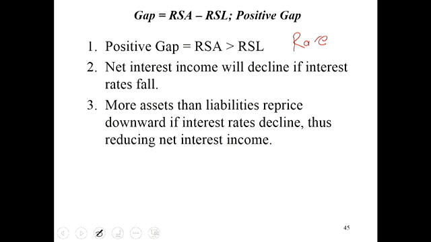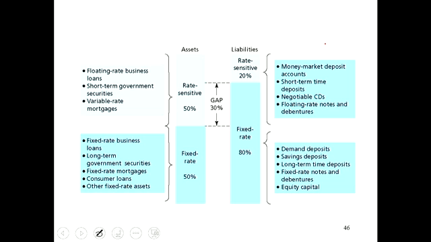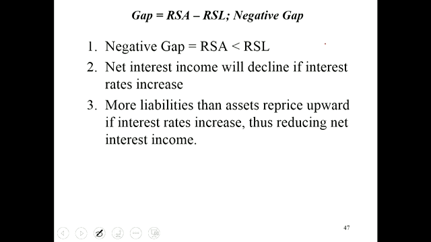And if you have more of those coming up for review than you have your liabilities, what that means over the short term, as interest rates fall, your net income will go down, simply because the assets will have a review before liabilities.